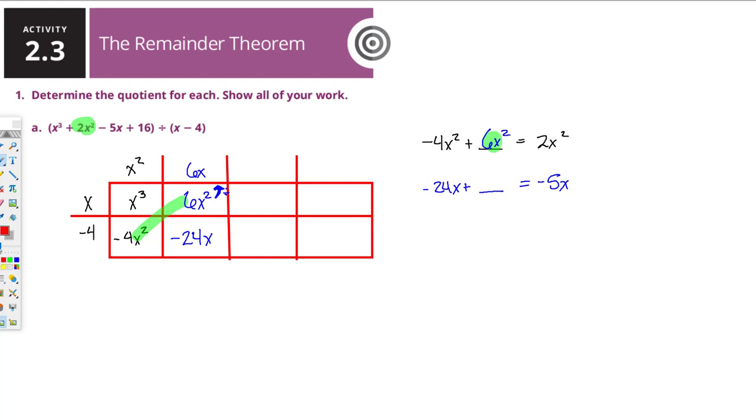And so to find that something, what number plus 24 is negative 5? 18. No, not 18. 19.